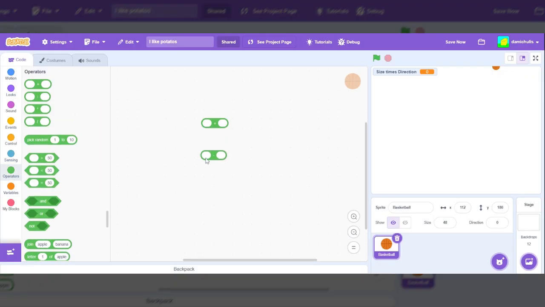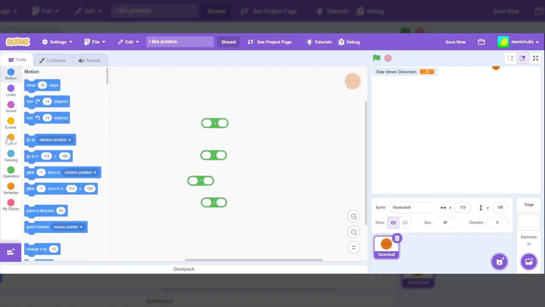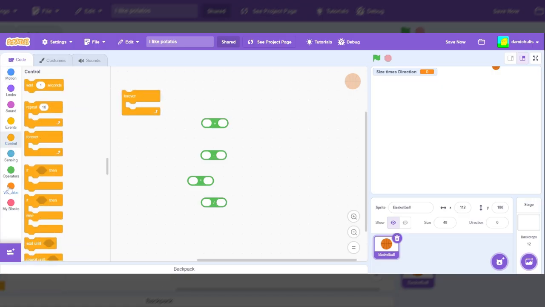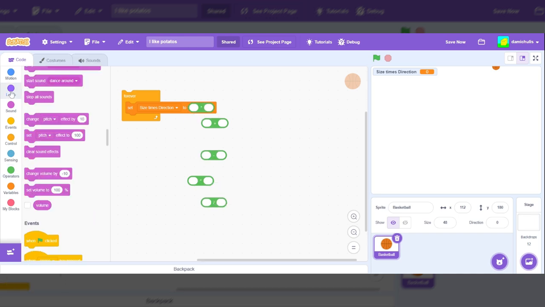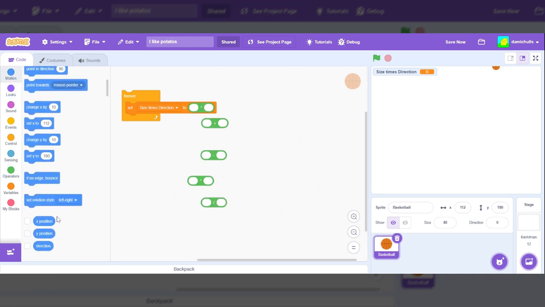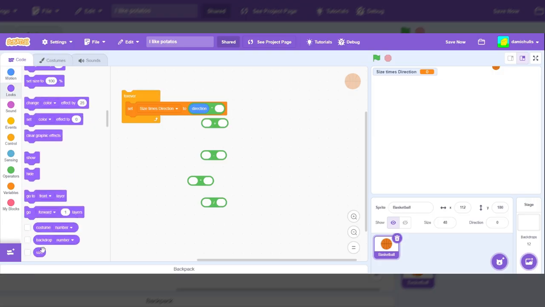So let's start with the first four, the operators. Yeah, I should probably change the direction.